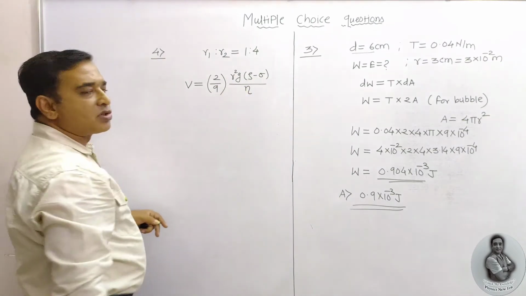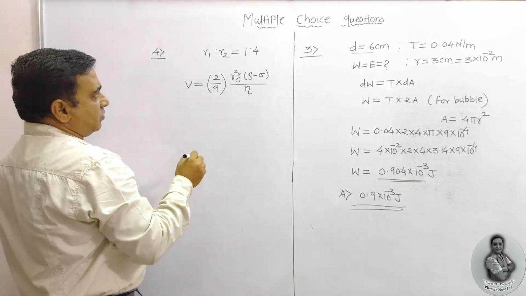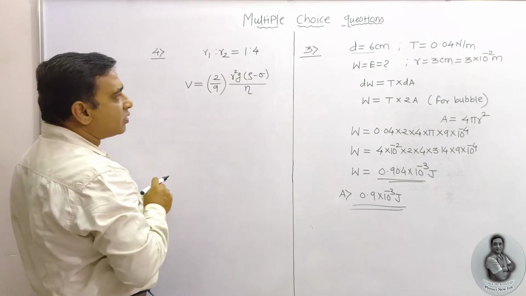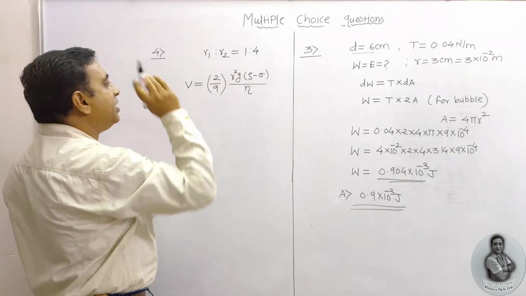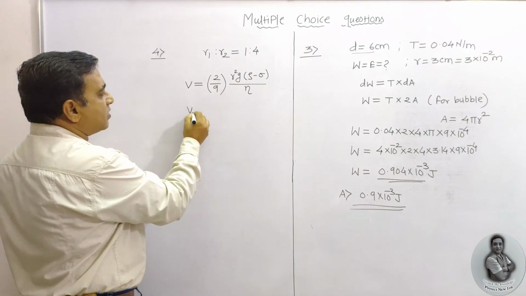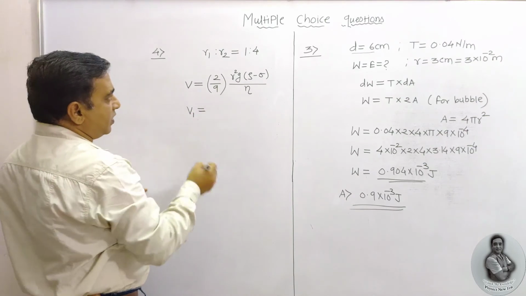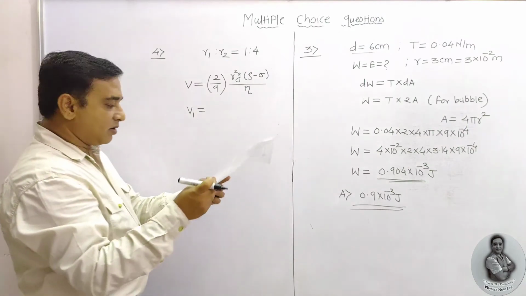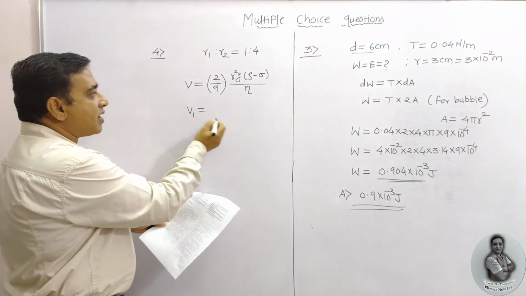Now using the basic equation, if both are the same hailstone, we need to calculate the ratio of their terminal velocity, V1 to V2.